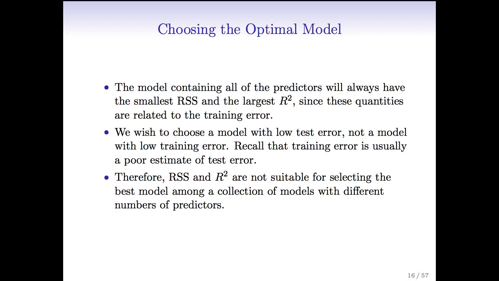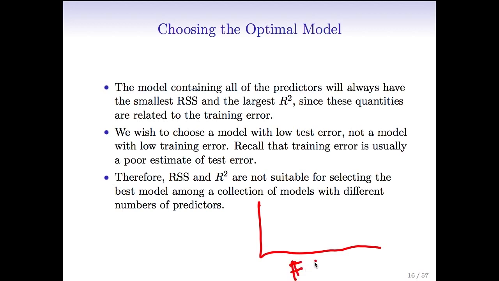We mentioned that the model containing all of the predictors is always going to have a smaller RSS and a larger R squared than any other model, because these quantities are really related to the training error. So this is the picture that Rob drew.